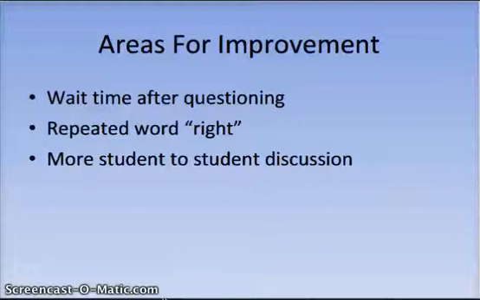I never noticed that before, so that's another thing I can improve on. I also think I needed more student-to-student discussion. I could have asked the two students to come together and conclude on an answer together, instead of doing separate sheets. They could bring their sheets together and discuss what they have different.